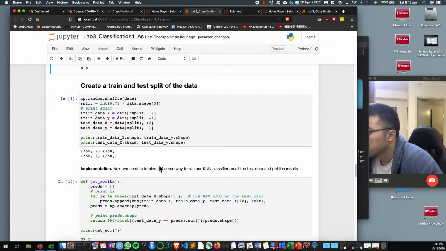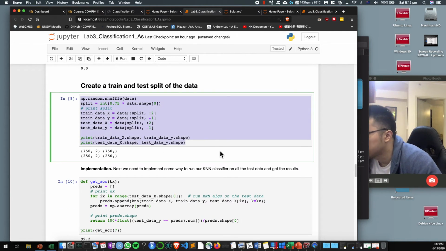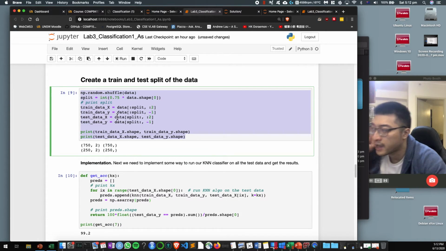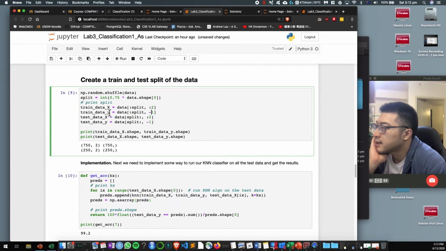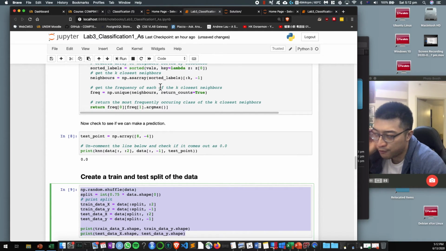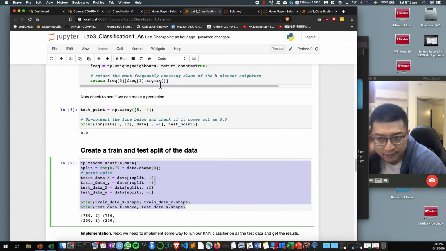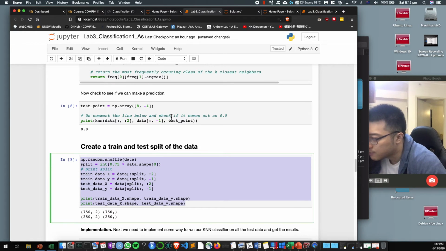Moving along, we tested the implementation out on a whole bunch of random data, and we want to see what the accuracy is using this k nearest neighbors algorithm. We're testing this algorithm using a training and test split, because the problem with the first one was we fed it the entire data set, and you run the risk of overfitting, and you don't have a view of what it's like on out-of-sample data, right?